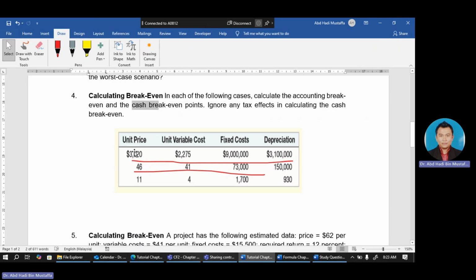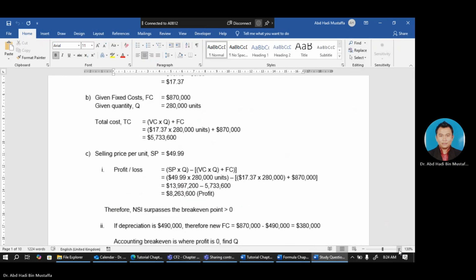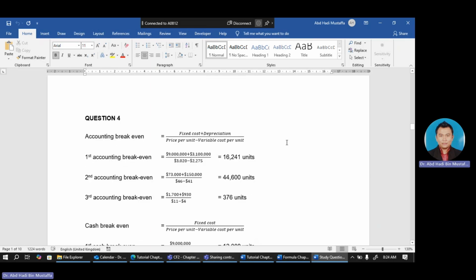So you need to calculate 2 sets. The first is accounting break even for the first set, second set, and third set, and cash break even for the first set, second set, and third set as well. If you look at the solutions, this one, you just use the formula straight away.